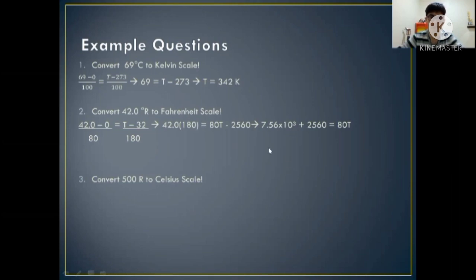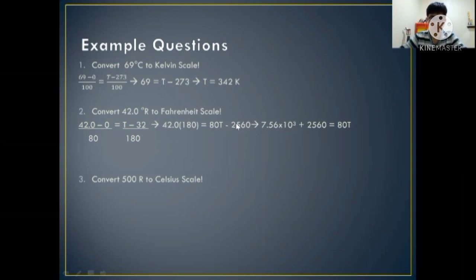It's because I follow the significant figure rules, which in multiplication follow the number of significant figures in the given number, like 42.0, which has 3 digits, so I make it 7.56, which is 3 digits, and this 10 raised to 3 is just ignored. After we multiply this, now we have 80T minus 2560.